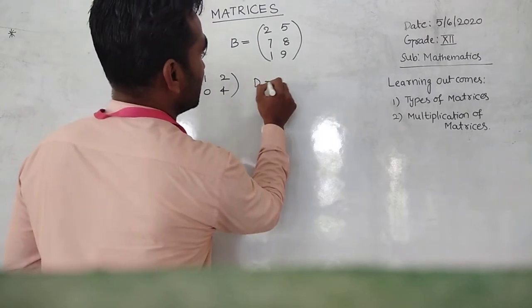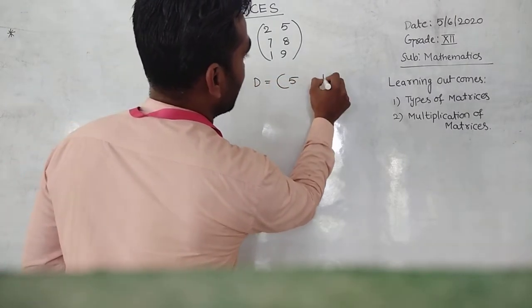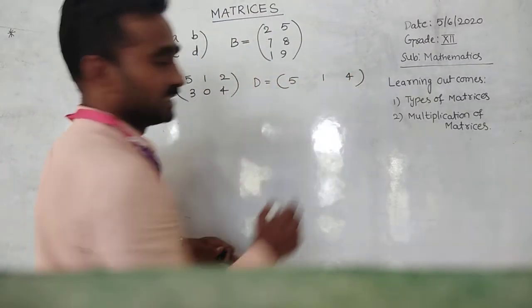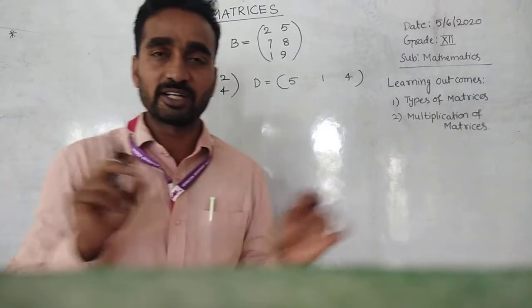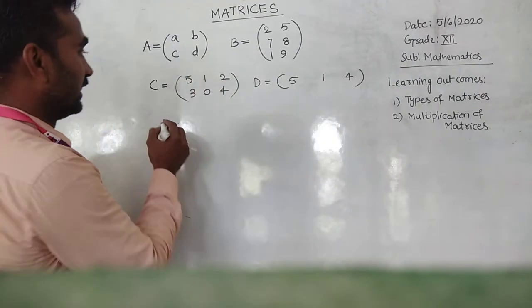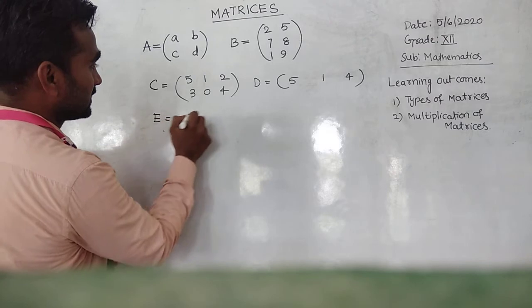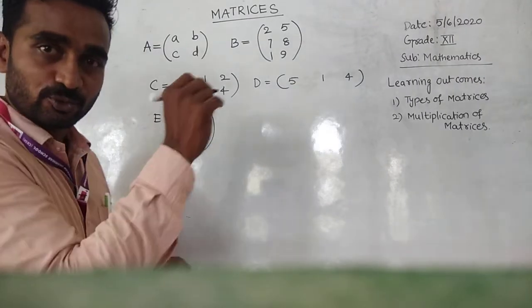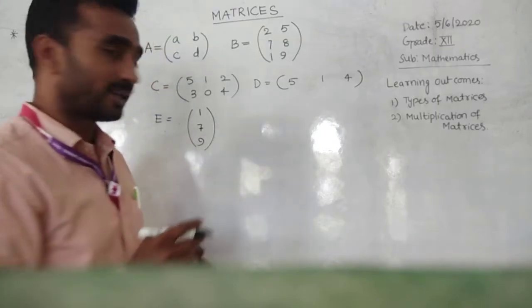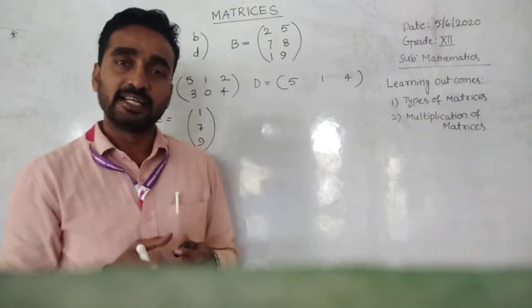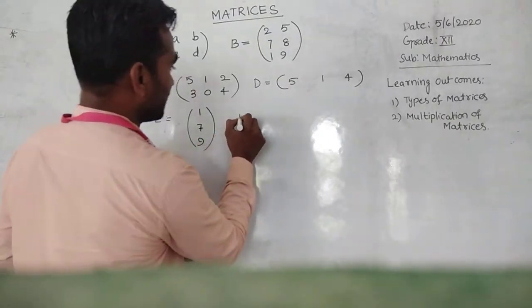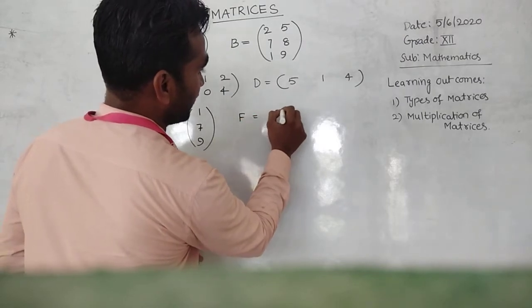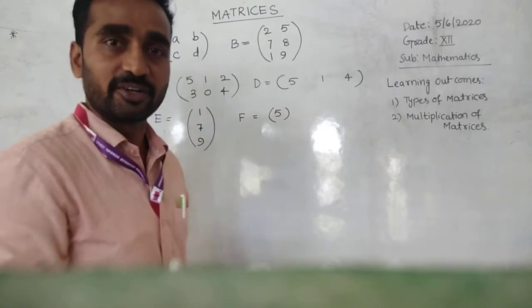And matrix D has only one row, that is 5, 1, 4. The matrix D has only 3 elements with only one complete row. And matrix E is 1, 7, 9 here, 3 rows and only one column. This is one more matrix where elements are arranged in a rectangular array. And matrix F here is only 5, only one element, only one row and one column.